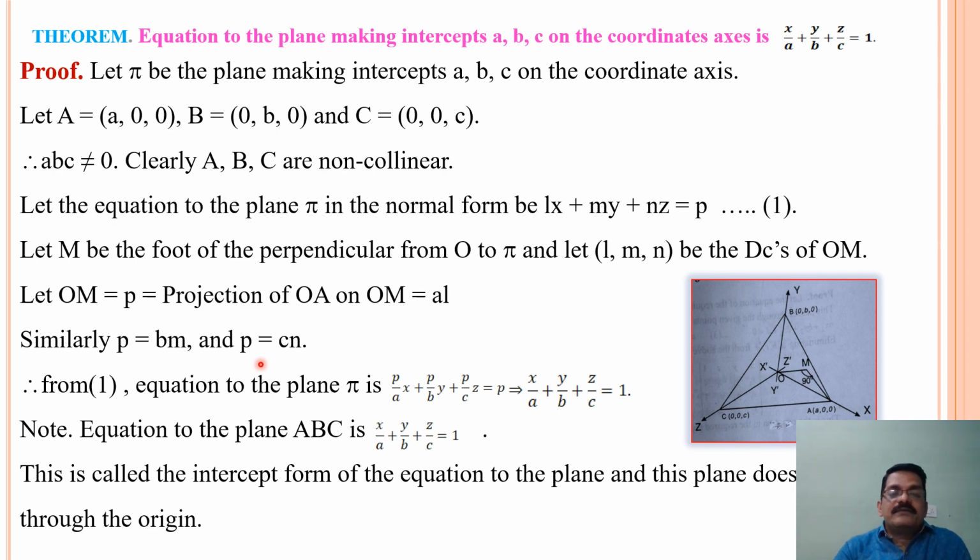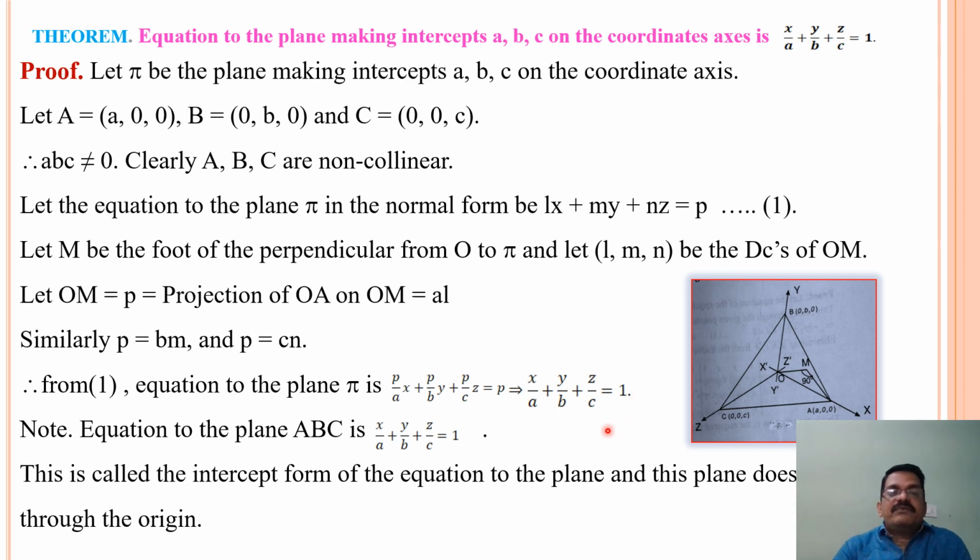So substituting L, M, N in equation 1, we have (P by A) into x plus (P by B) into y plus (P by C) into z is equal to P. Cancelling P on both sides, x by A plus y by B plus z by C is equal to 1.